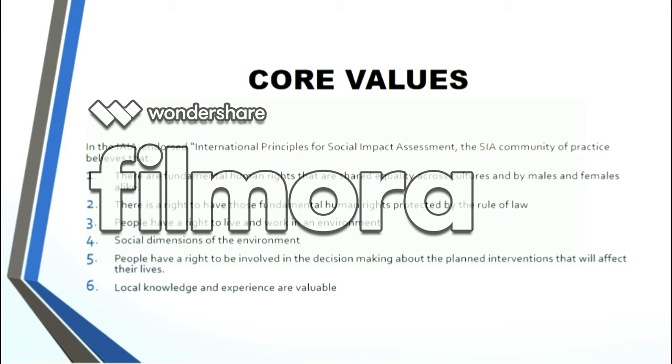Number 4 is the social dimension of the environment. Especially, but not exclusively, the quality of social relationships, freedom from fear and belongingness are important aspects of people's health and quality of life.